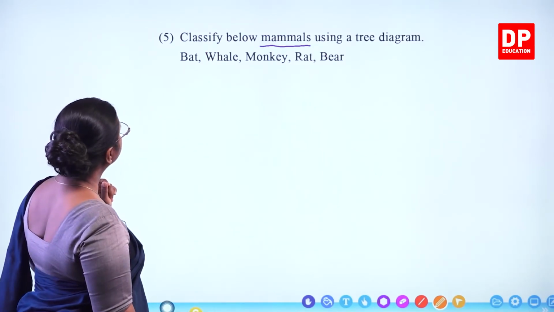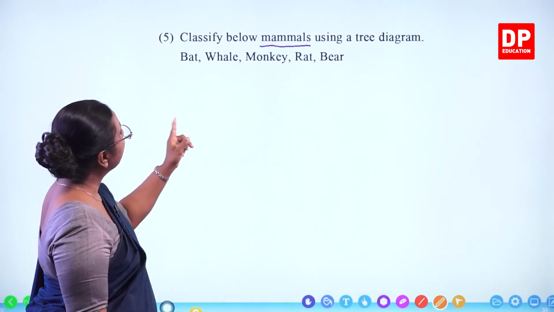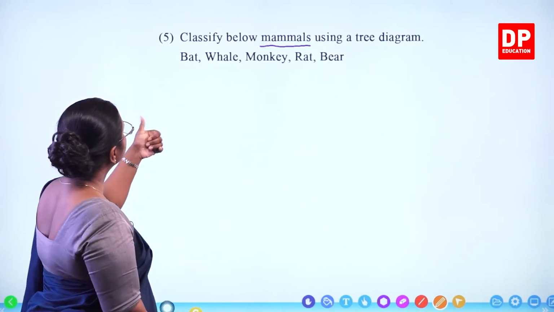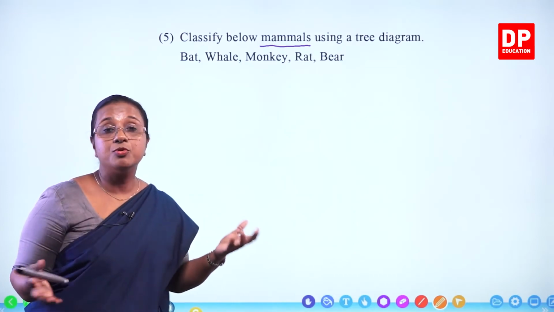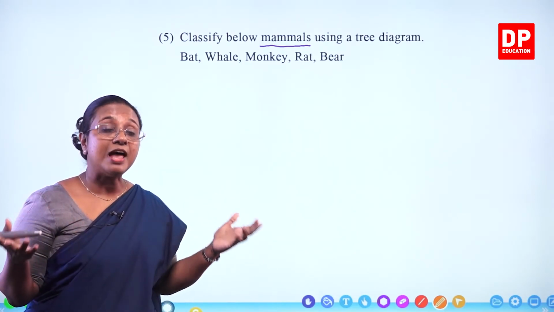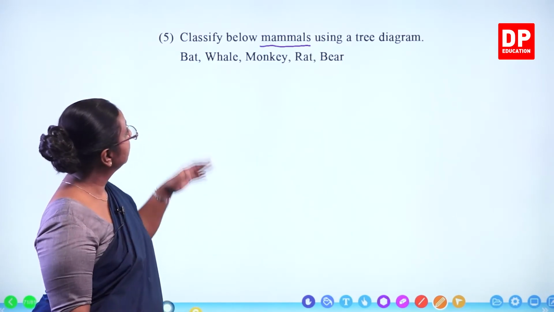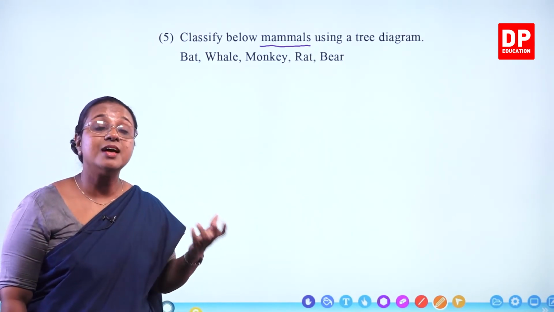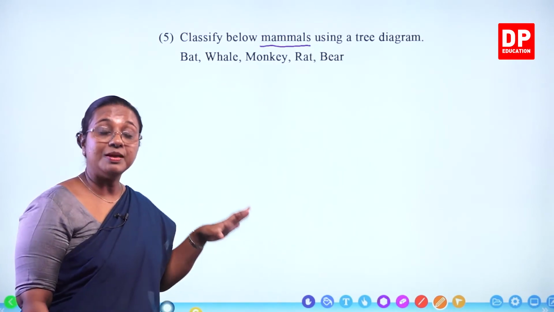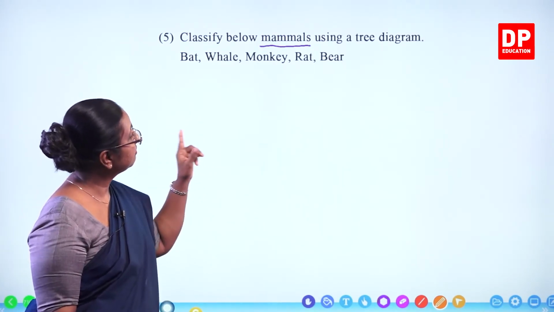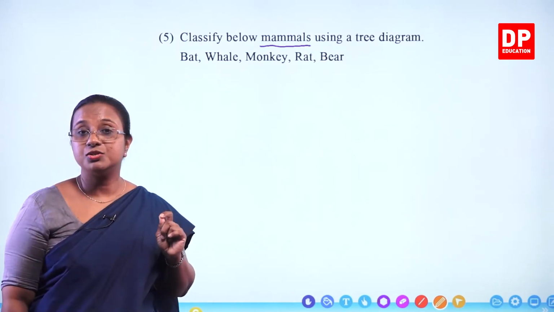So, if we look at the organisms, bat, whale, monkey, rat and bear. Now, the bats, how do they move? Locomotion. They fly. They have wings. Whereas whale, it swims. It has flippers. To swim, it lives in water. Then monkey, they have legs. Rat has legs and bear also has legs.